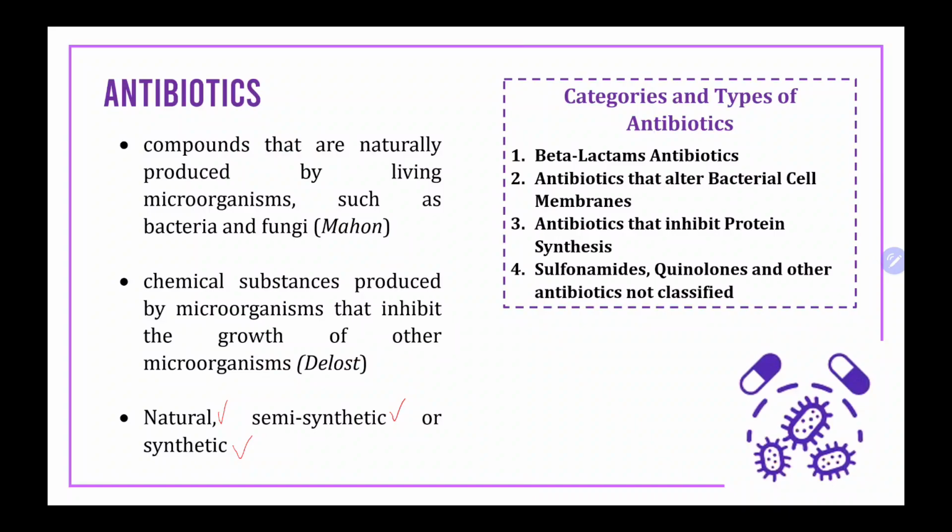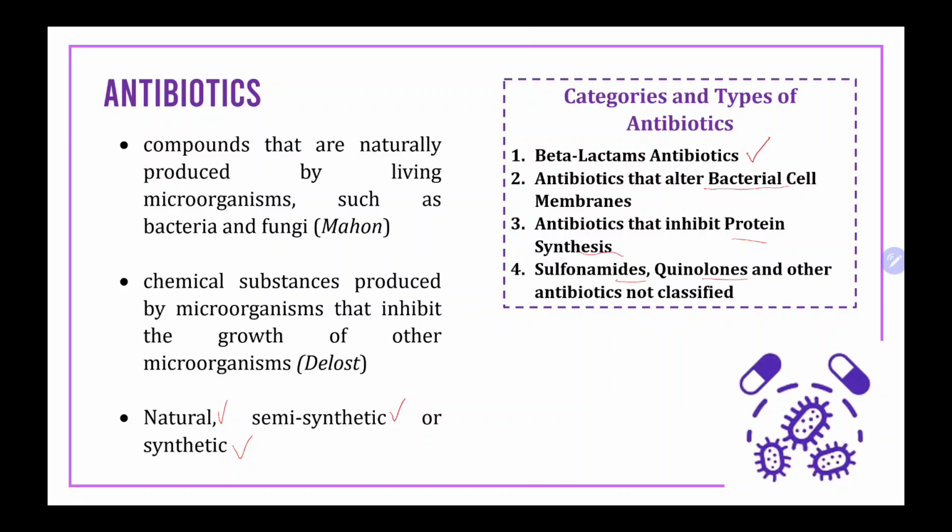Now, your antibiotics can be categorized into several types. You have your beta-lactam antibiotics, antibiotics that alter bacterial cell membranes, antibiotics that inhibit protein synthesis, and lastly, your sulfonamides, quinolones, and other antibiotics not classified. We'll be discussing each of the categories.